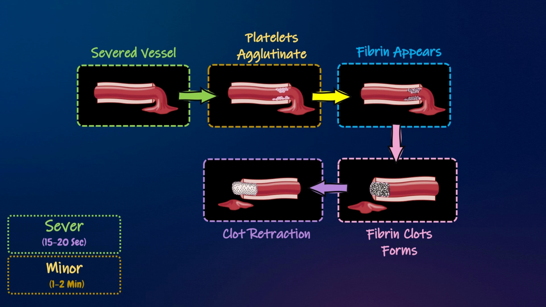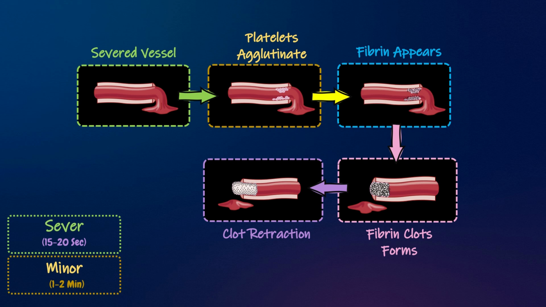If the vessel opening is not too large, after 20 to 60 minutes, the clot retracts, which closes the vessel still further. Platelets also play an important role in this clot retraction, as discussed later.